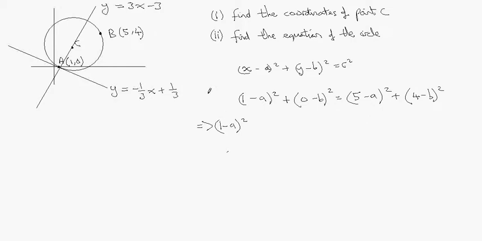And then we can use the fact that y is equal to 3x minus 3 to say that b must be equal to 3a minus 3, and therefore this term here, (0 minus b) all squared, which is going to be b squared, would be just the same as (3a minus 3) all squared, and that is equal to (5 minus a) all squared plus (4 minus b).